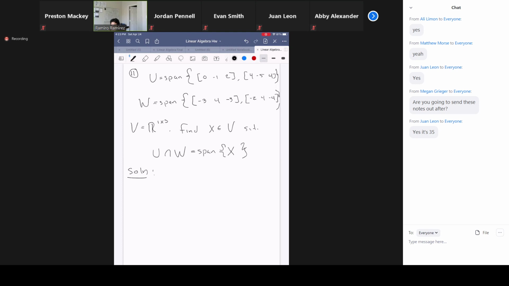Okay, I see. Right, so in order to be a linear combination of both things, we need X, which will be, I don't know, say A, B, and C, such that X is equal to the linear combination of all those.